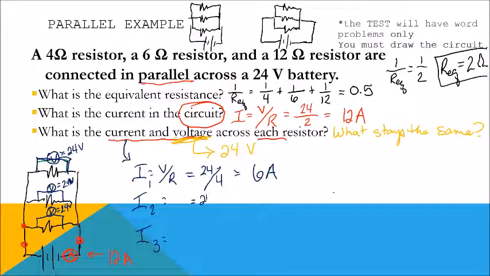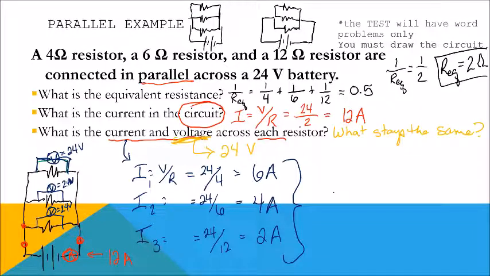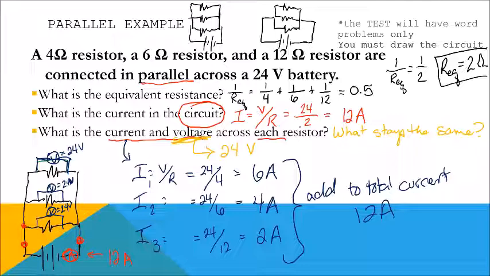The next one still has 24 volts and it has 6 ohms of resistance, so this has 4 amps of current. And this one has 24 volts divided by 12 ohms of resistance, so we get 2 amps of current. And the way to check those is that they should add to total current. And they do. Our total current is 12 amps, and they add up to 12 amps.